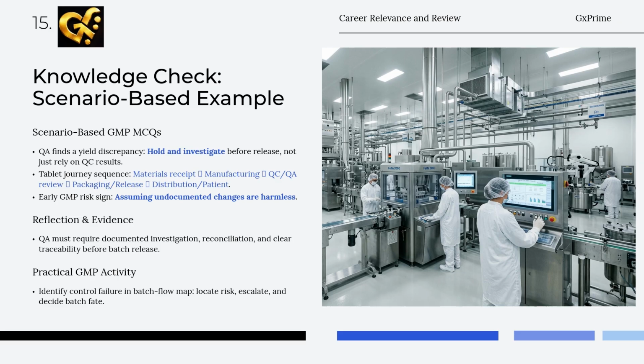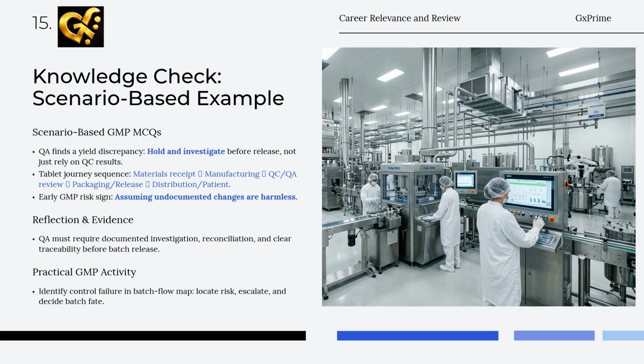Knowledge check. Scenario-based example. Let us now apply our learning through practical GMP scenarios. If QA identifies a yield discrepancy, the correct action is to hold and investigate the batch, not simply rely on final QC results. You should also understand the correct tablet life cycle flow from material receipt, manufacturing, QA and QC review, packaging, release, and finally patient use.